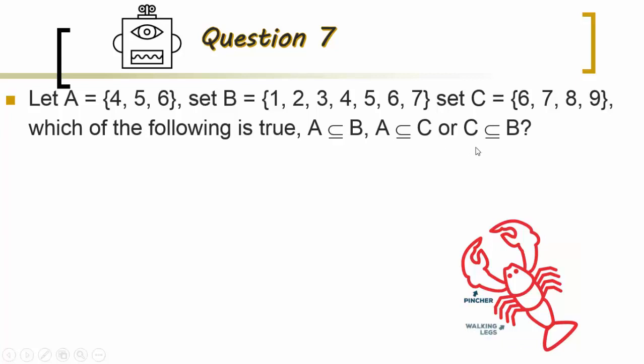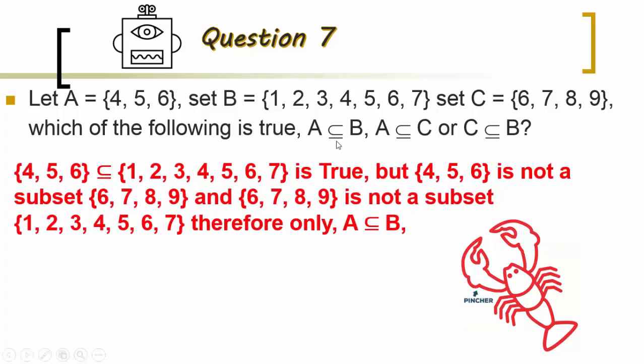And how about this last one? Is C a subset of B? Well, let's look. 6 is in B. 7 is in B. Uh-oh! 8 is not in B, and 9 is not in B. Therefore, C cannot be a subset of B. So we conclude that it is true for the first one, but it is not true for the second one, nor is it true for the third one.